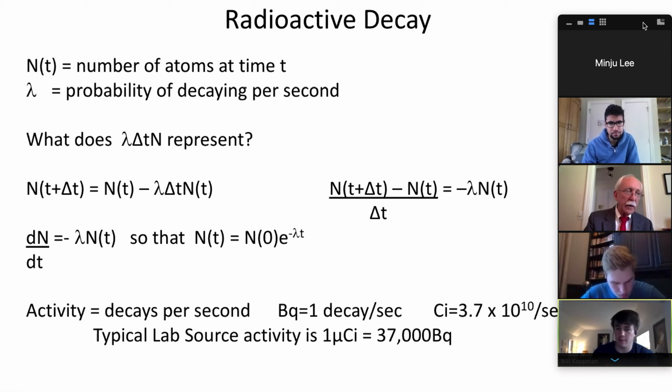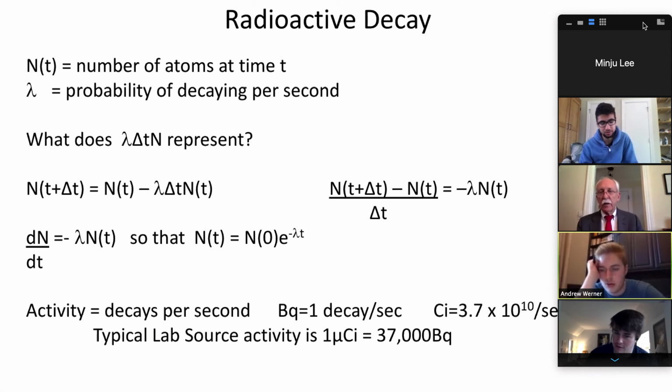What was lambda? 1.5 times 10 to the minus 5. I got 2.45 times 10 to the 8th. That's what I got when I divided. Is your lambda in curies? Yes. Yeah, this is what I got too.